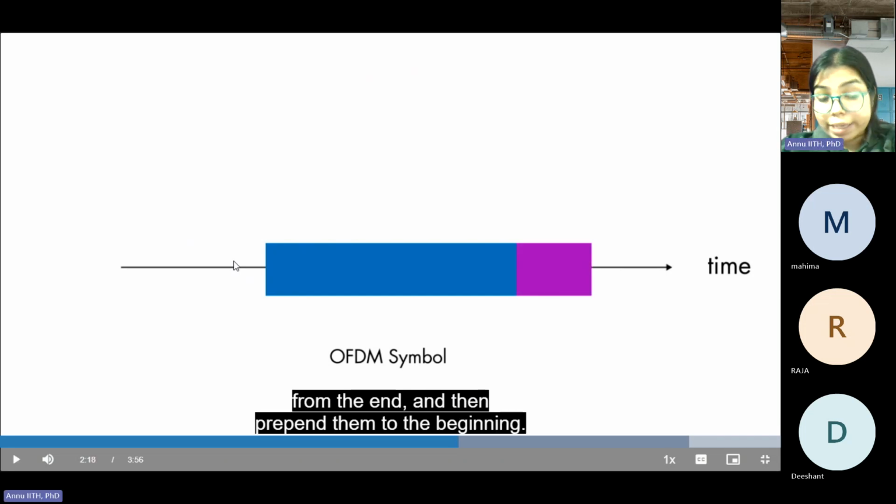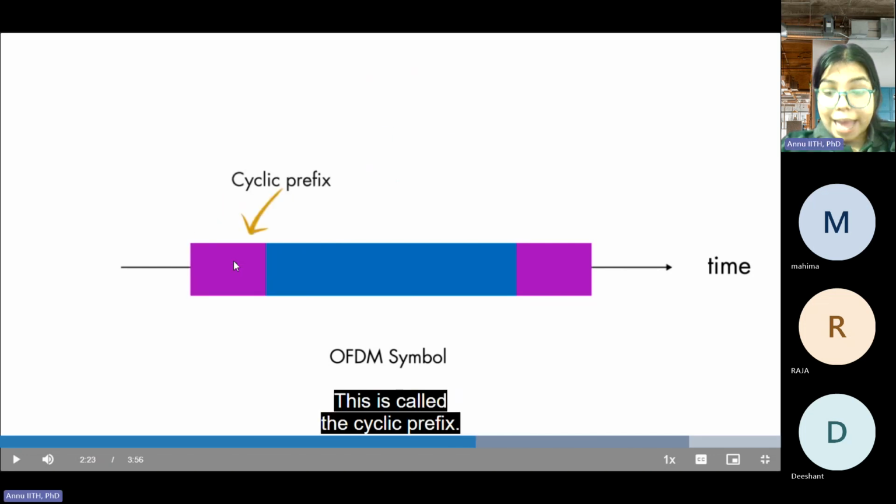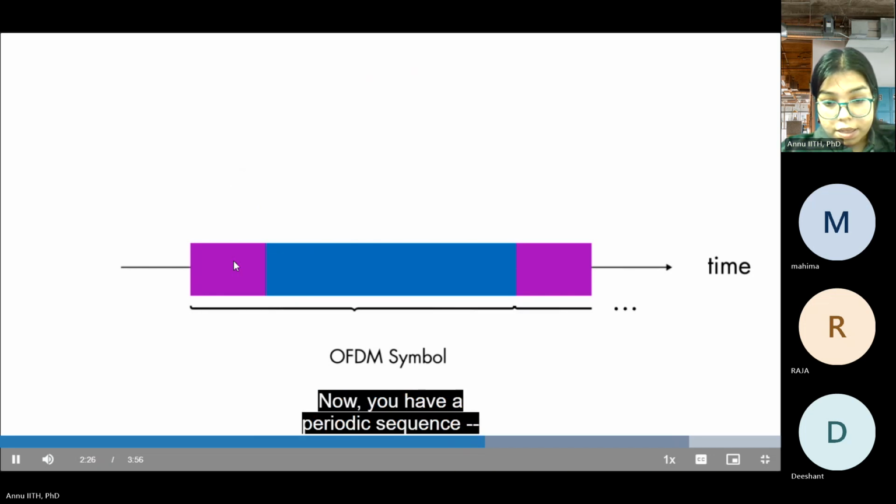This is all done in the time domain, and this particular thing is called the cyclic prefix. Now you have a periodic sequence, so you don't have any problem with circular convolution and equalization.